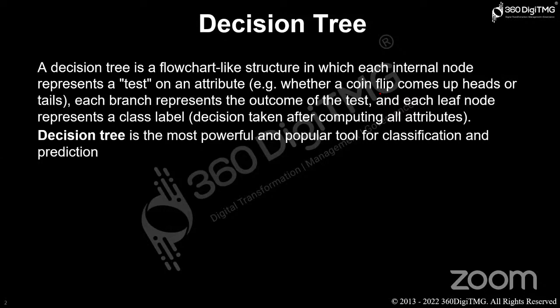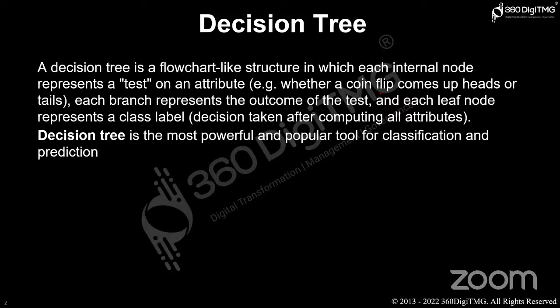Decision tree, guys, is one of the easiest and most popular ways. Besides being a powerful and popular tool, it is also one of the easiest classification algorithms to understand and interpret.